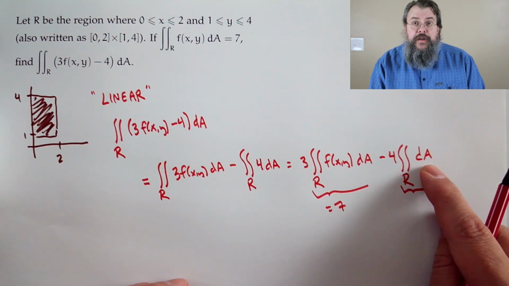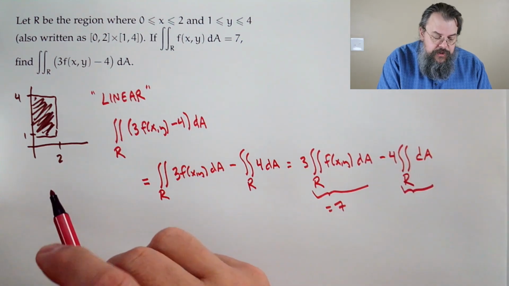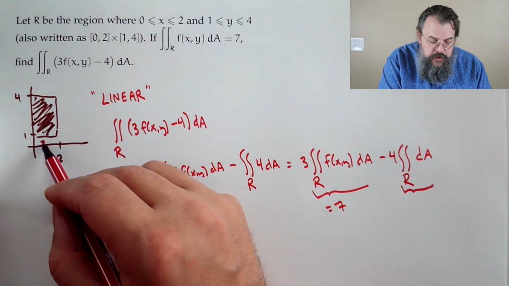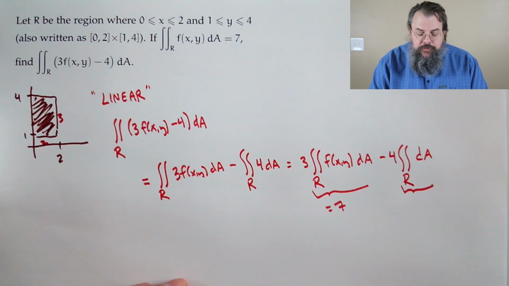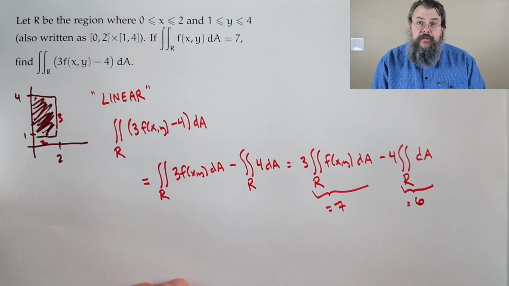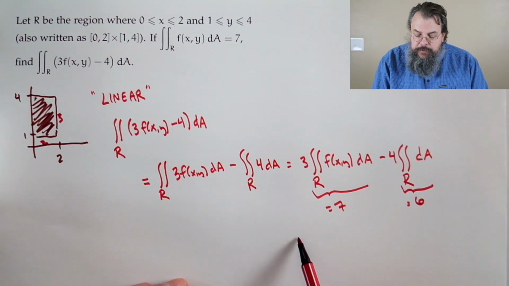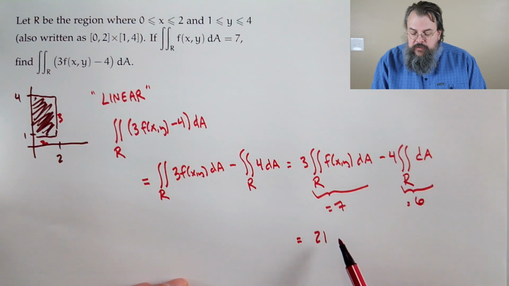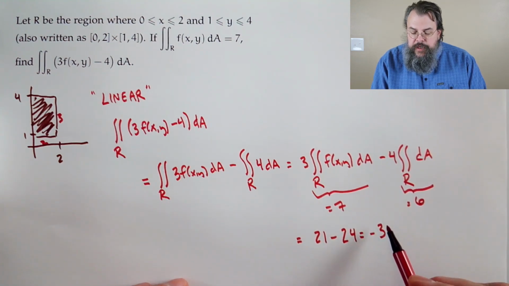Then you put it all back together, you get the total area. So if we look here, it's a 2 by 3 rectangle. So that says 2 by 3, the integral is 6. So we end up with 3 times 7, 21, minus 4 times 6, 24, which is negative 3.